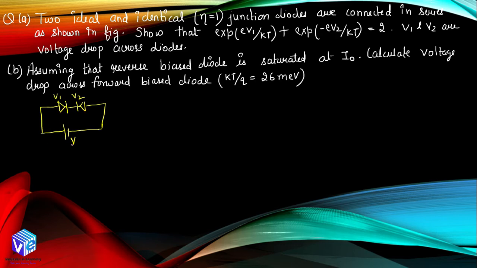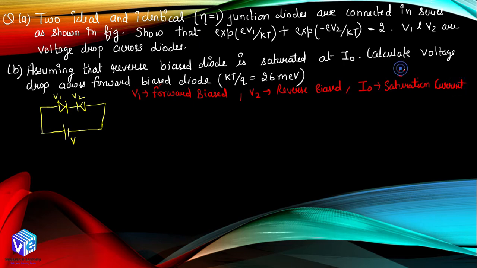First of all, we are going to see the biasing. You can see D1 is the forward biased diode and D2 is the reverse biased diode. So first of all, let's take I naught as the saturation current, which is my reverse saturation current.